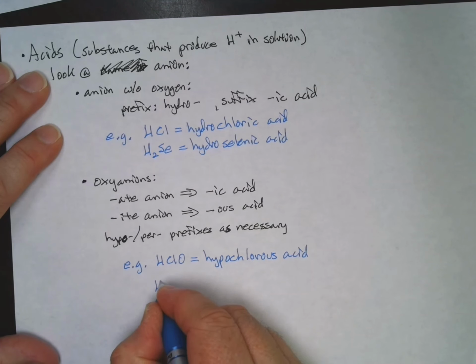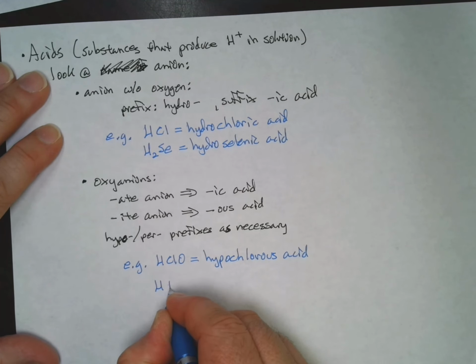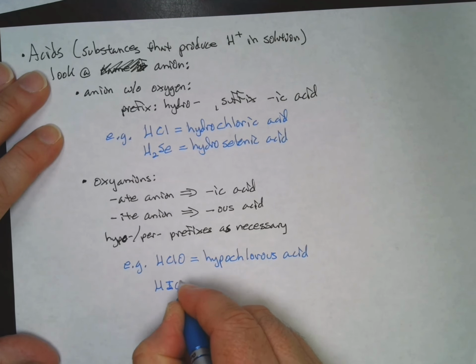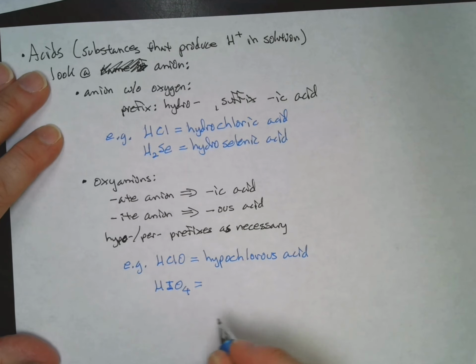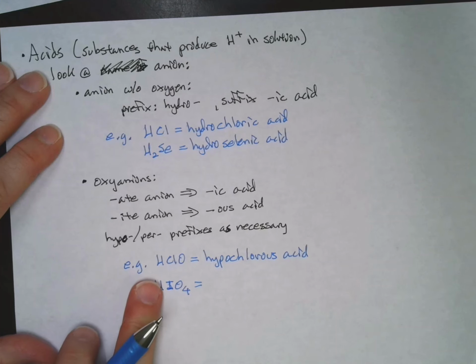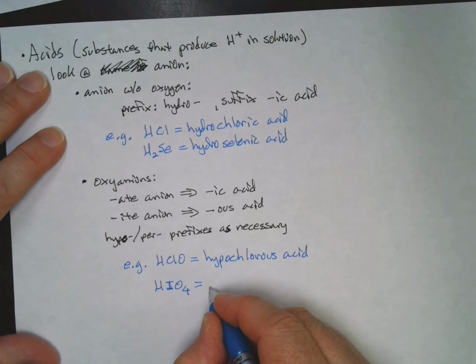We could have, let's say, HIO4, and that's the periodate ion, so that's periodic acid.